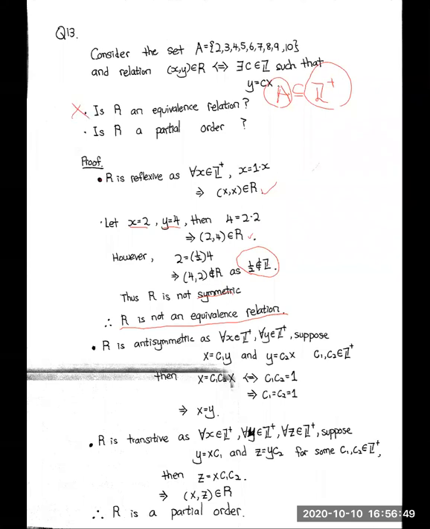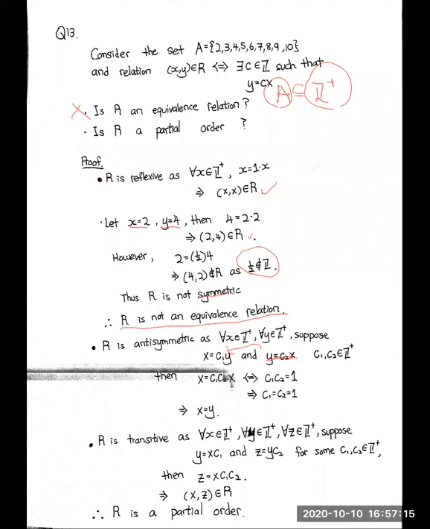Then the next: is R a partial order? Of course, we test on anti-symmetric. For x and y positive integers, we can write x equals c1y and y equals c2x. Then we substitute y equals c2x into the first equation. We have x equals c1c2x.